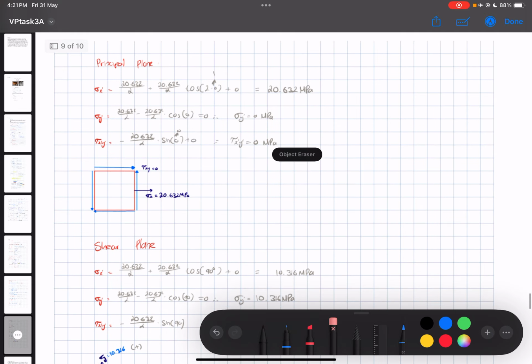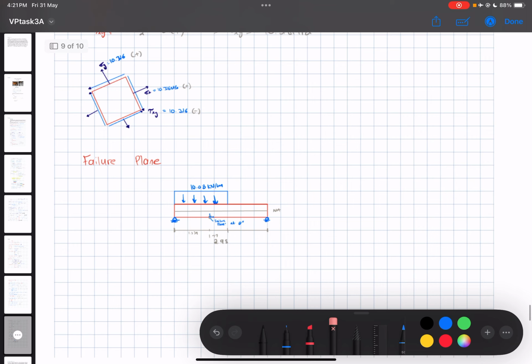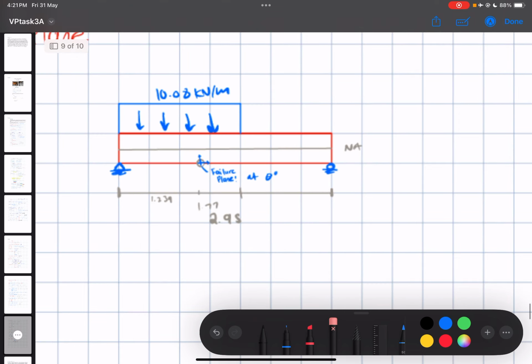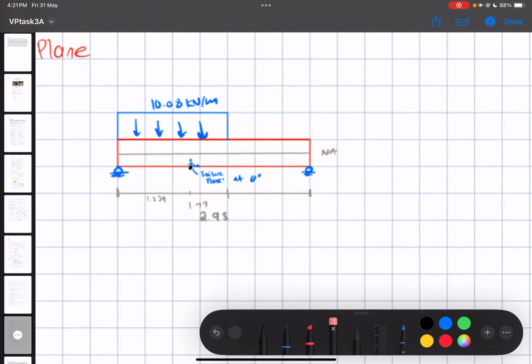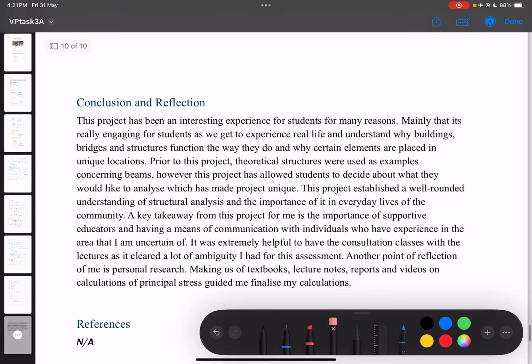And then from there I was able to calculate where my failure plane would be, and the failure plane would be at 1.239 along the beam at the bottom surface, and it will act at 0 degrees. And below that I've included my conclusion and the references.